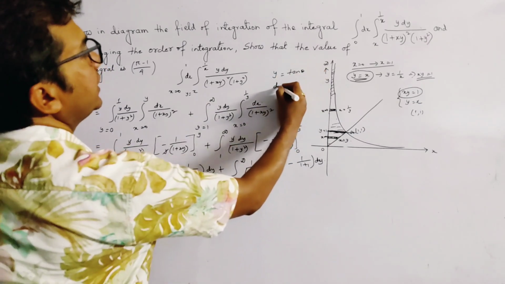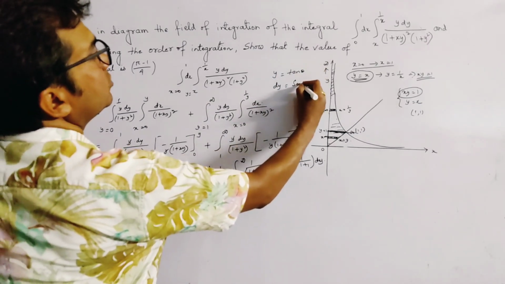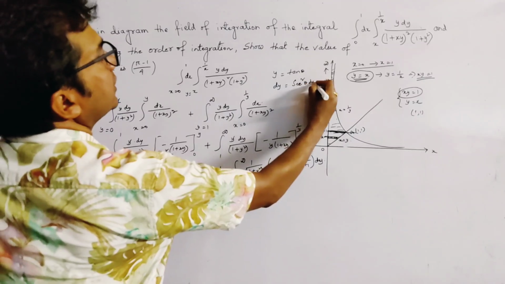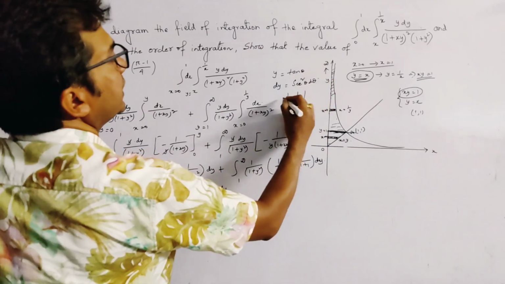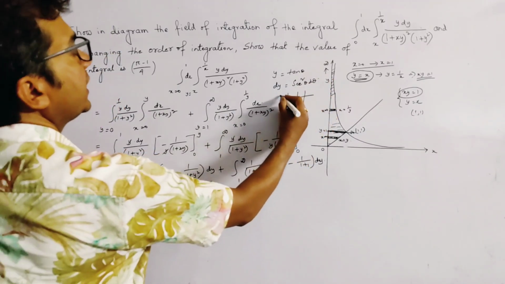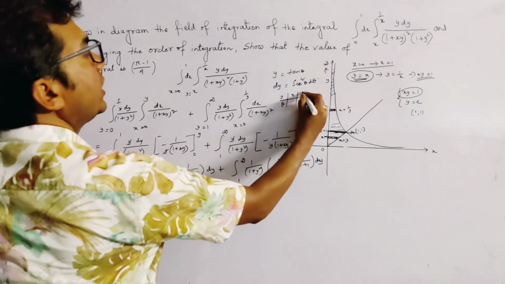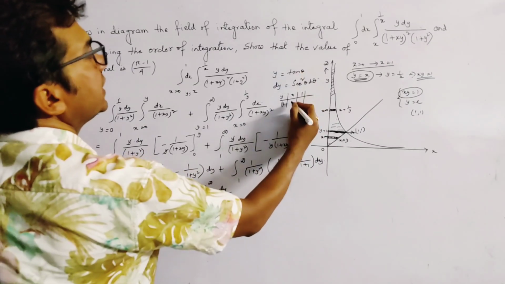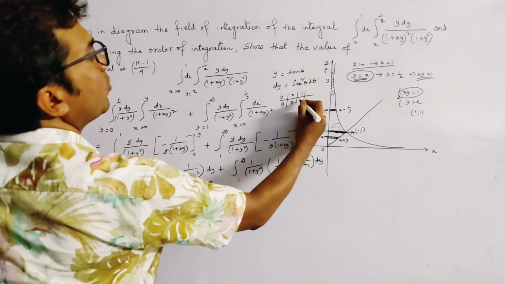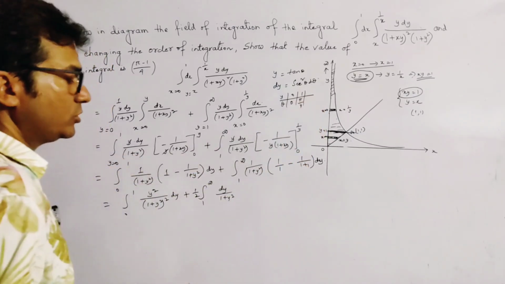Then dy is equal to sec square theta d theta, and the range of theta is 0 to 1, and then tan theta means 0 and 1 means pi by 4.